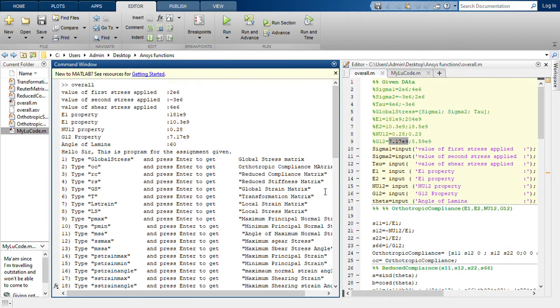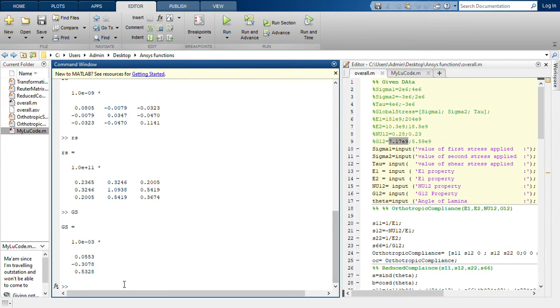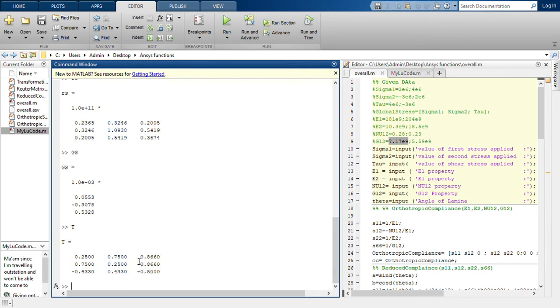Then for the transformation matrix, if you want, you can type T. Let's type it. So this is the transformation matrix.